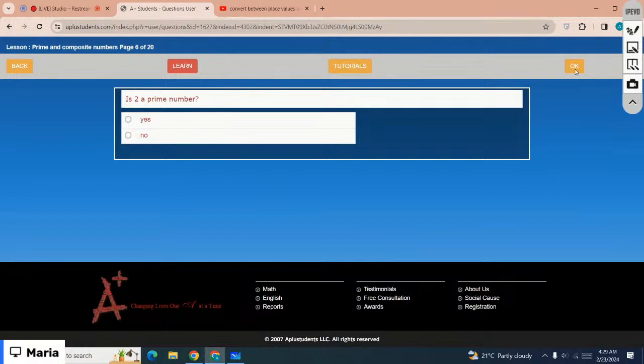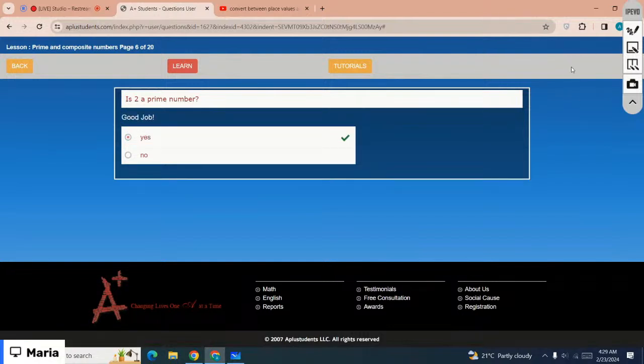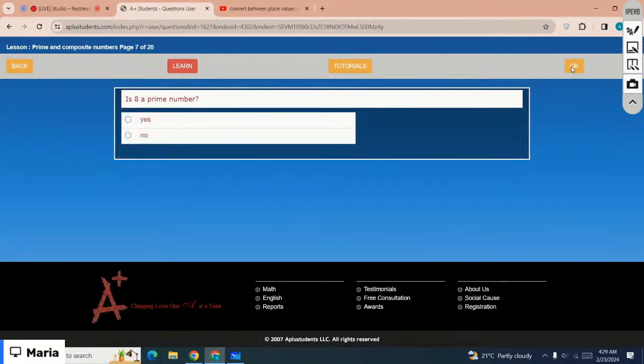Is 2 a prime number? Yes, 2 is a prime number. The correct option is yes, 2 is the smallest prime number. Got it? Is 8 a prime number?